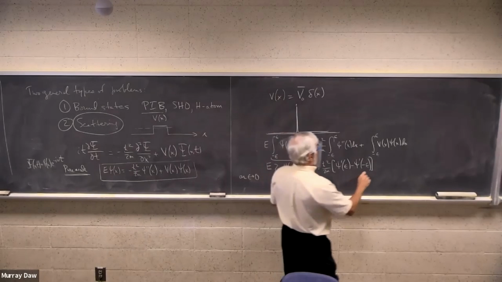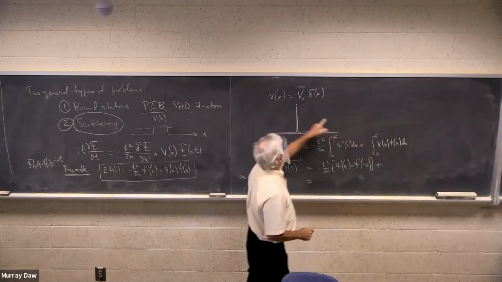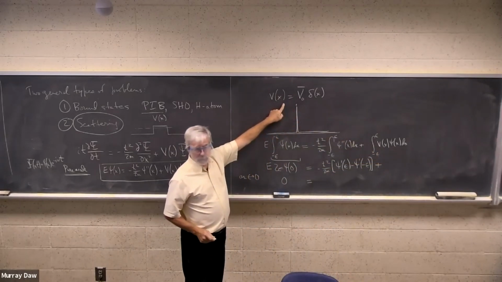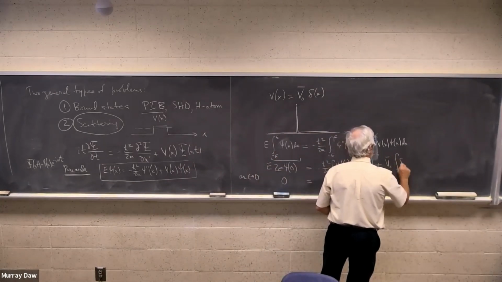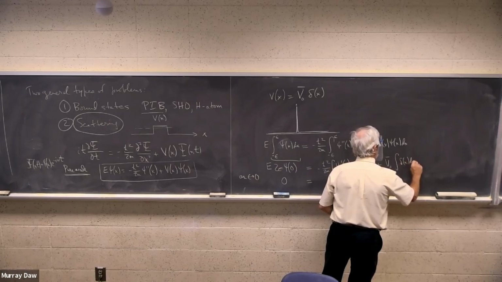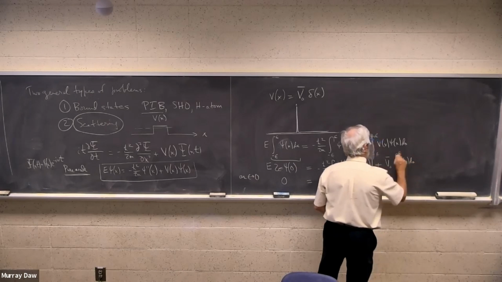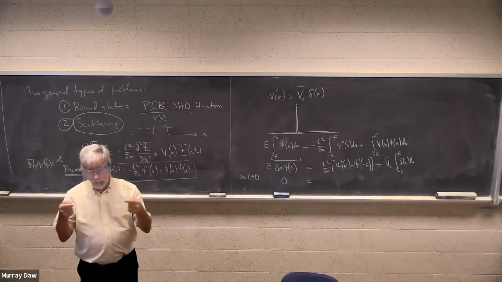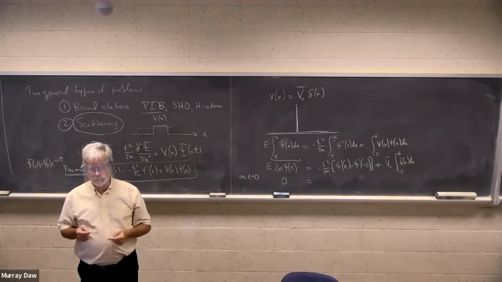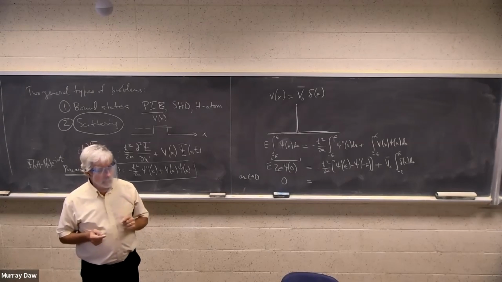Okay, in this term, the potential is a delta function. So we make this E naught bar times the integral of the delta function. What is that integral? Epsilon is not 0, but it's small. It should be 1.